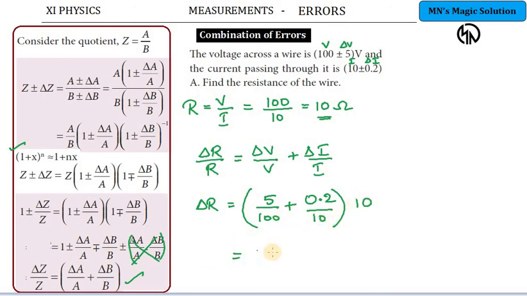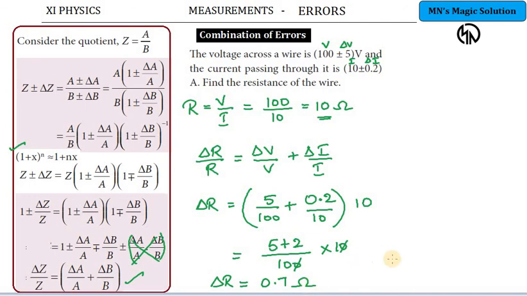So when you do this processing, taking the LCM, you will get 100 and this will be 5 plus 2. 5 plus 2 over here into 10. So if we simplify this further, it comes as 7 by 100. I can just cancel this out. 7 by 10, which is nothing but equal to 0.7. So del R is also a resistance, therefore we can write 0.7 ohm.